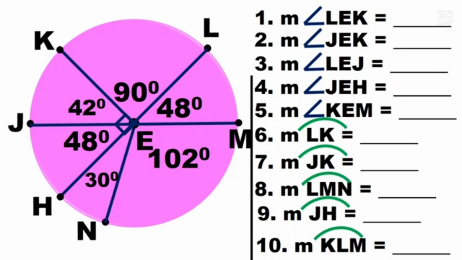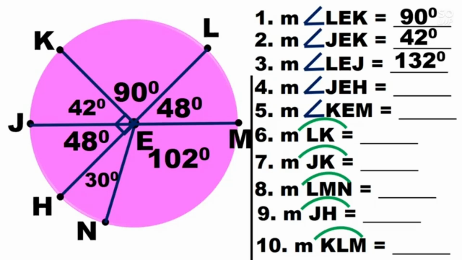Okay, since nakuha na natin lahat ng measurement ng central angle, i-substitute na lang natin doon sa mga measure ng angle natin. Okay, number 1, the measure of angle LEK is 90 degrees. Angle JEK is 42 degrees.